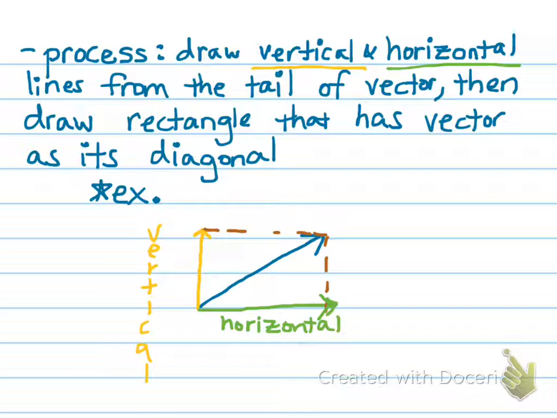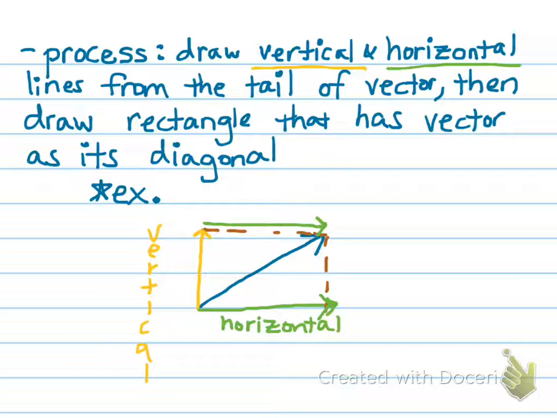Notice they're not exactly the same size, but the two of them together result in this vector. Now remember, you can do math with this if necessary, because we've formed a triangle. This horizontal is also that one there.